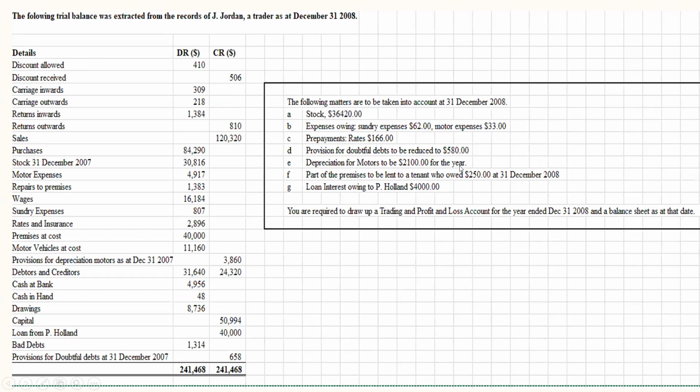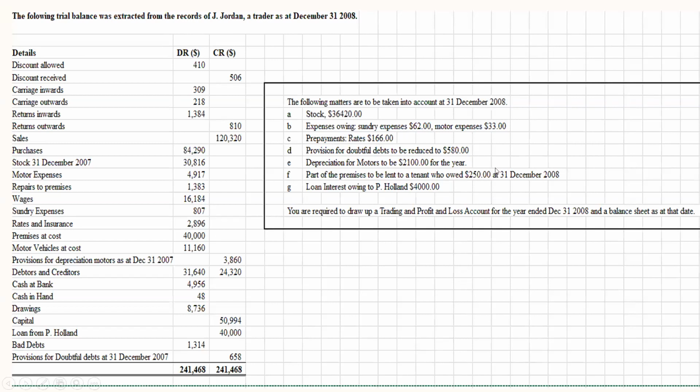How much did it reduce by? The provision for doubtful debts was originally 658, but it's being reduced. What I tell you guys is, find the difference between the old and the new. The difference between 658 and 580 should be about $78. That $78 is going to be added to our gross profit figure.